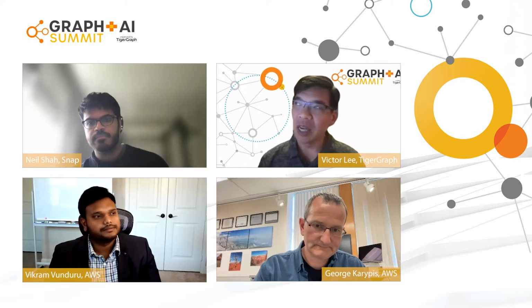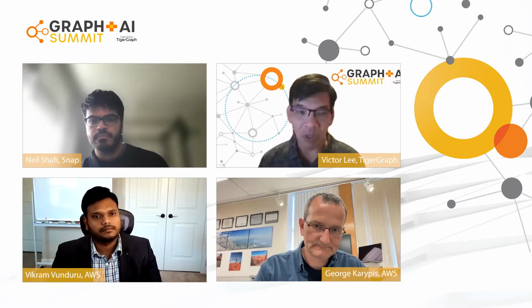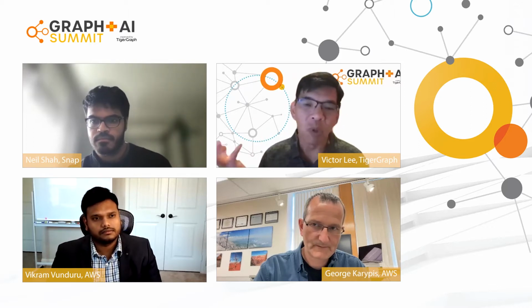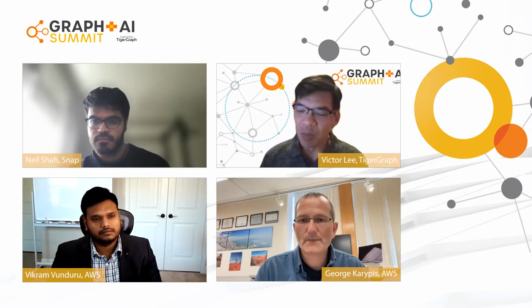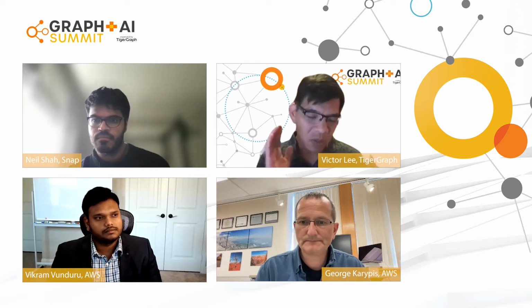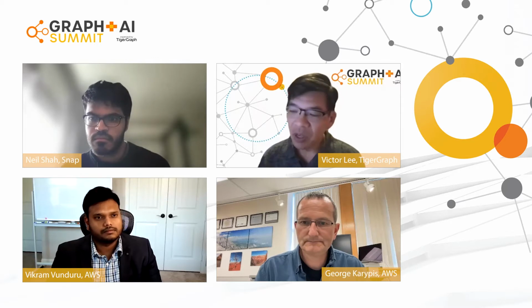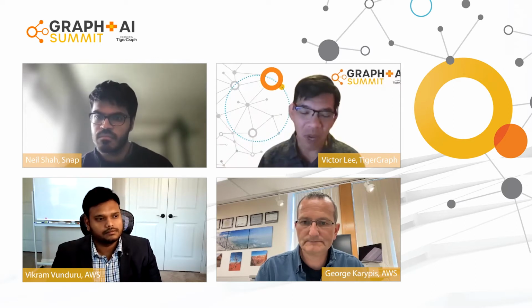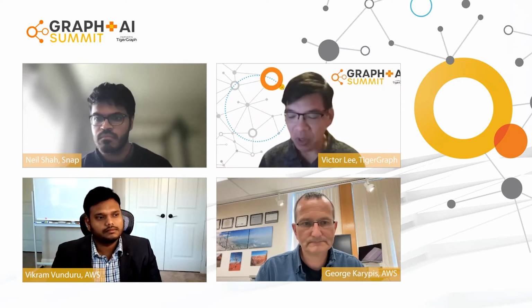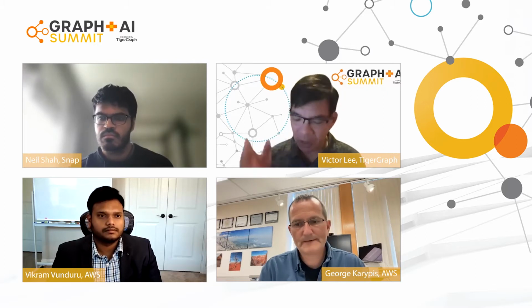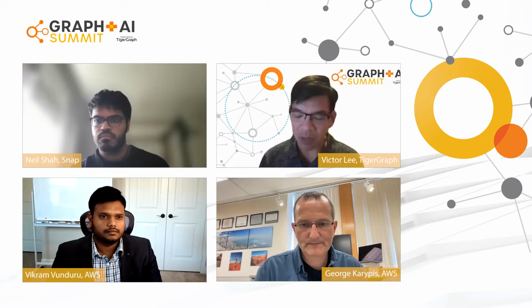Maybe look at an example of you're trying to recommend products that people would buy. You have a set of customers, potential customers, you have a set of products, and you have features of those products. So you've got maybe 3 types of nodes: people, products, and key features of products.